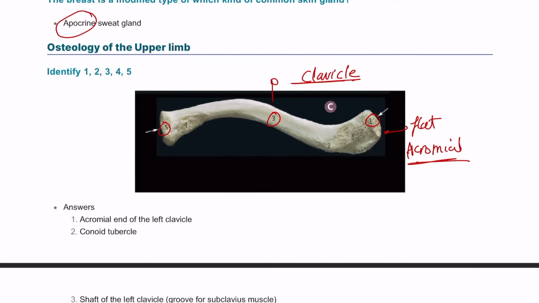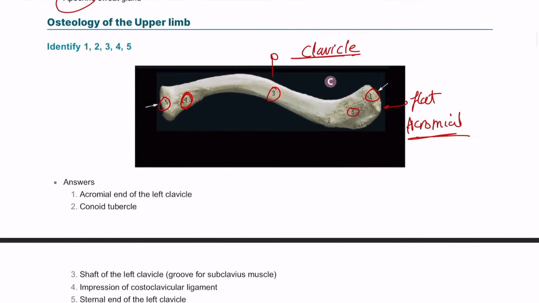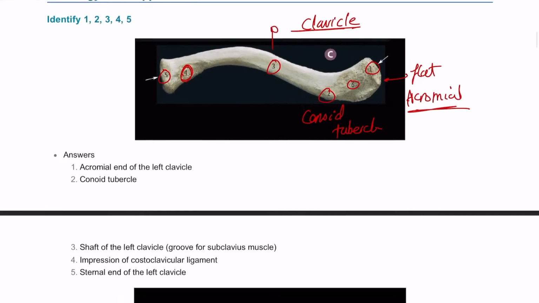And number 4 and 6, these are tubercles. So 4 is the impression for the costoclavicular ligament, which comes from the ribs to the clavicle, and number 6 is basically an impression for the acromial ligament on the other side, and 2 is something called the conoid tubercle. So let's move forward.